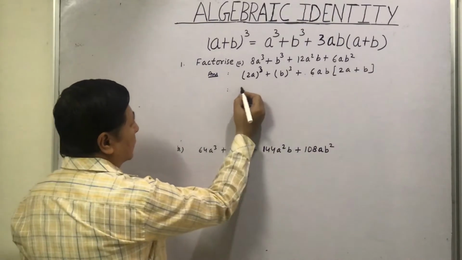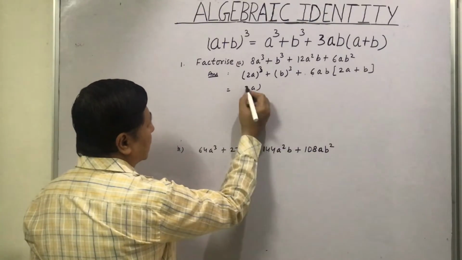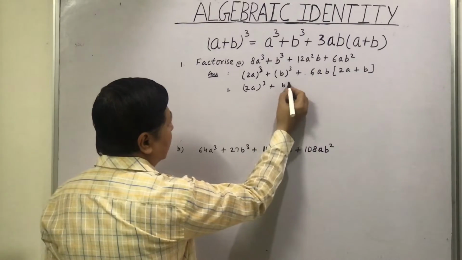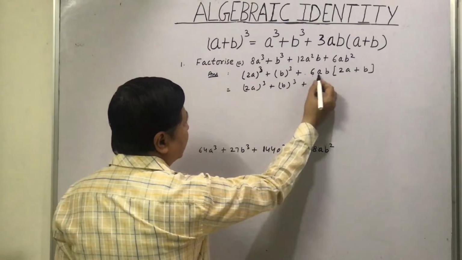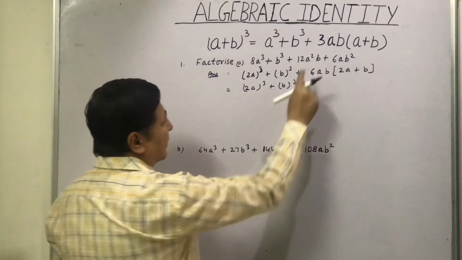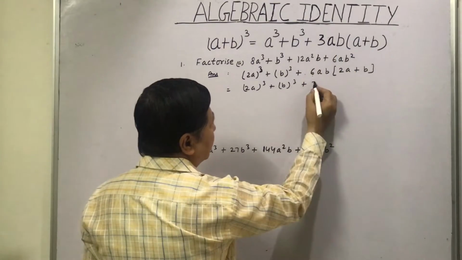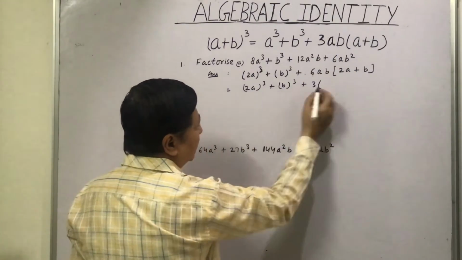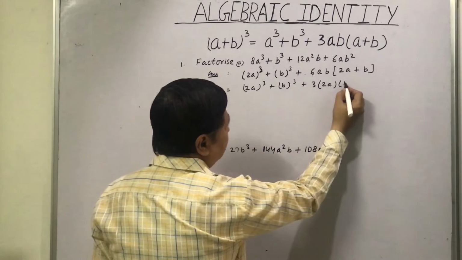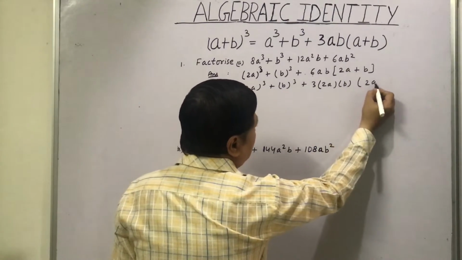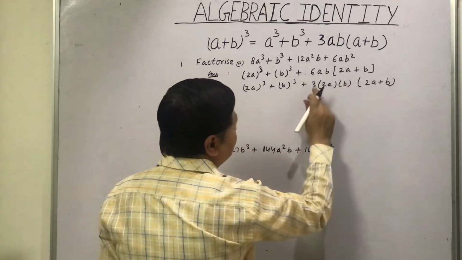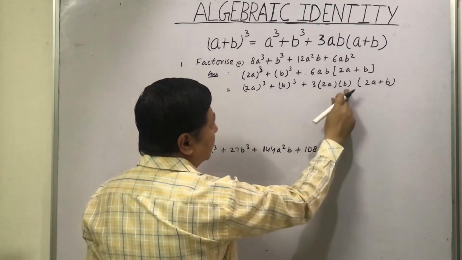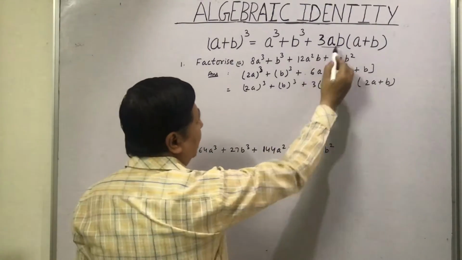Now this is (2a) cube plus b cube. Now this 6ab has to be written in this form. So 3 into 2a into b, so that we can get this form.